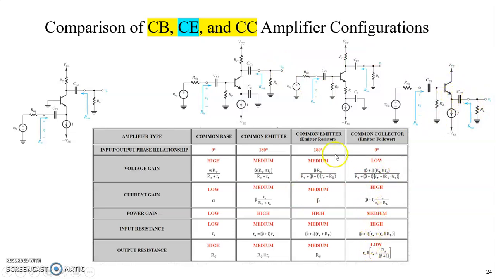Even though this common emitter has medium input impedance, it can take the signal from it, right? And then I can have another of this one to have a reverse phase shift again, and then a common collector to have a better output impedance to deliver my signal at the load, which is the speaker.